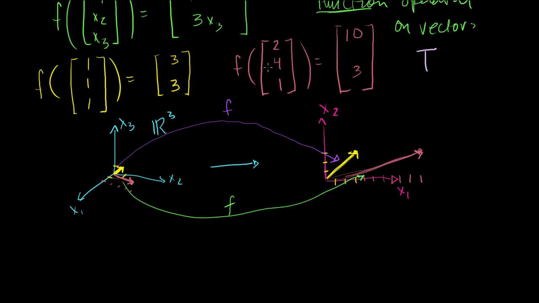So these statements, I could have just as easily replaced all my f's with T's, and I could have defined some transformation. I just want to make you comfortable with the notation.